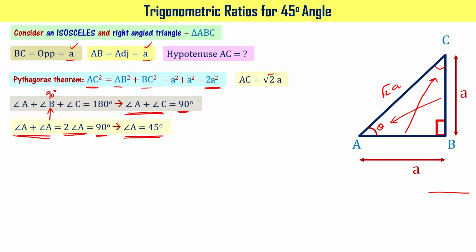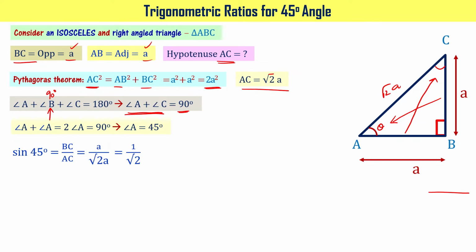Angle A equal to 45 degrees. So sine 45 degrees, we can write it as opposite side by hypotenuse. Opposite side is BC, already we said that. And hypotenuse is AC, right? We know BC is of length A units and AC is root 2 times A, right? That's why the sine 45 is going to be equal to 1 by root 2. Understood?